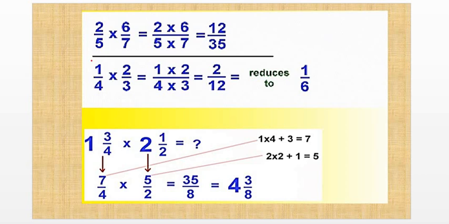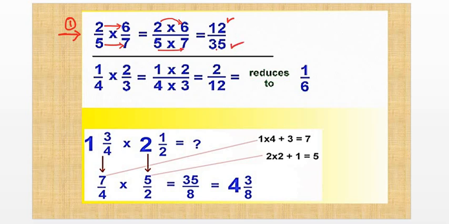As you can see here, I have taken two examples. This is example number 1: 2/5 times 6/7. What are we going to do? We multiply the numerator with the numerator, as I have done here. 2 times 6 gives us 12. Then I multiply the denominator with the denominator, so 5 times 7 gives us 35.